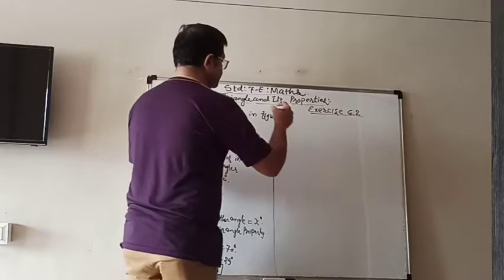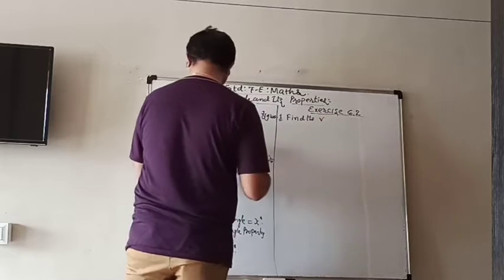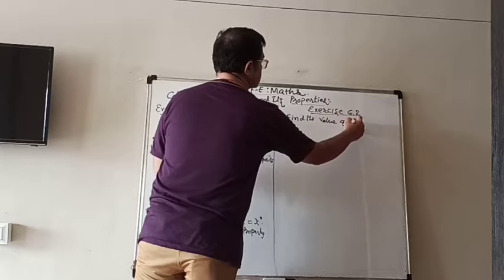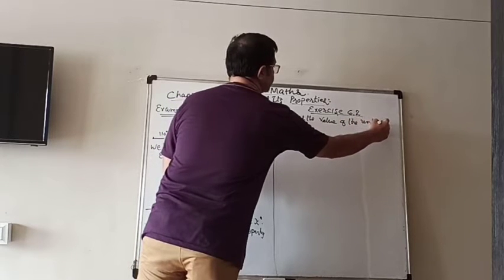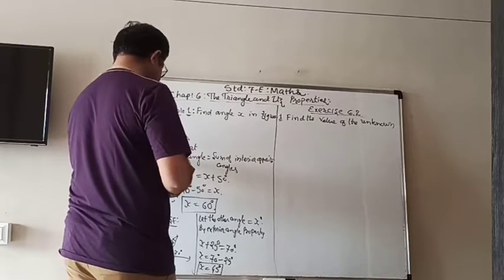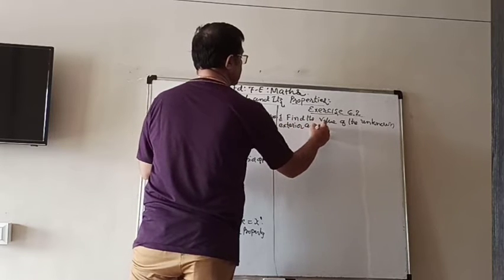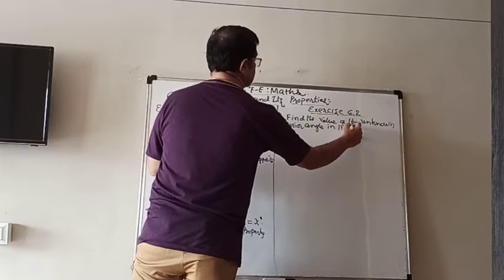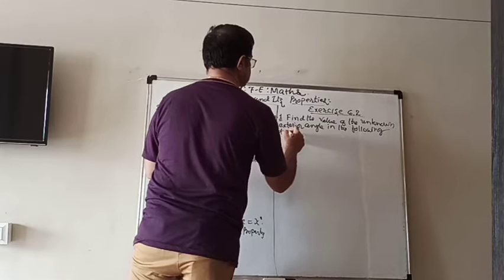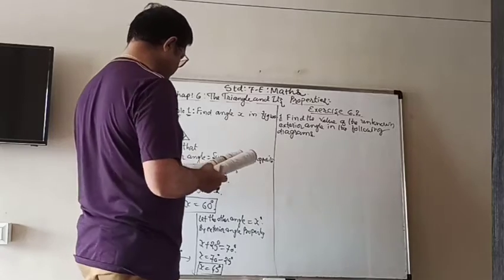So question 1, find the value of the unknown exterior angle in the following diagrams. So different diagrams are given.